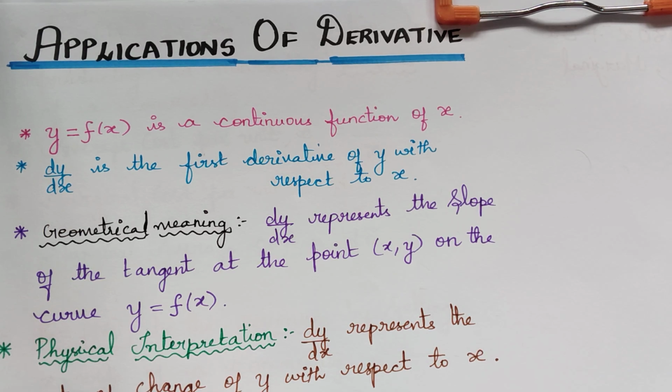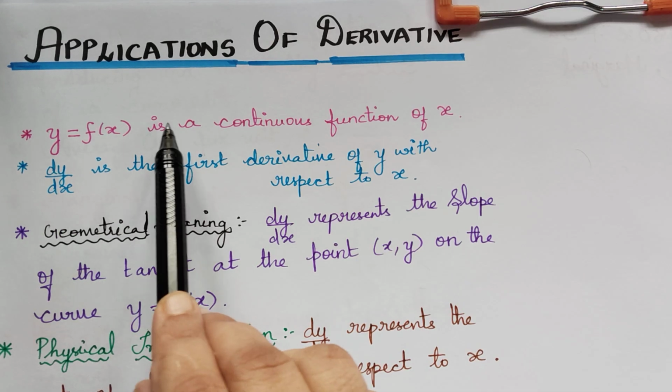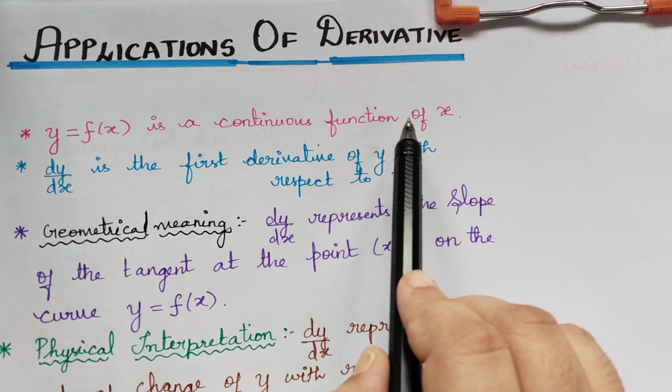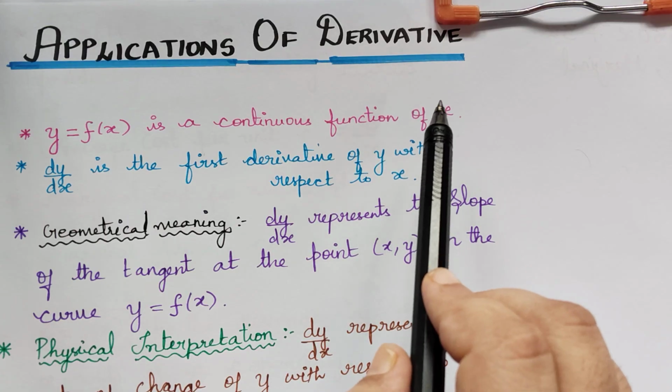Dear students, under the topic differentiation, we are now going to learn the applications of derivative. Now, we have to first understand that y equal to f of x represents a continuous function of x. So, what is a continuous function of x?